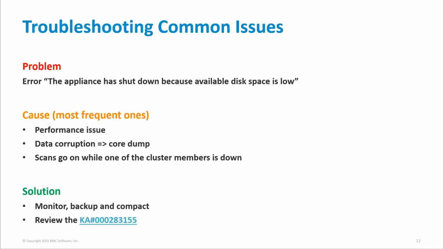Because again, when there is a performance issue, it's going to lead the disk consumption to grow. And at the end, you could end up with this problem. The second most frequent root cause is a data store corruption because it causes core dumps. And core dumps very frequently fill up the disk.